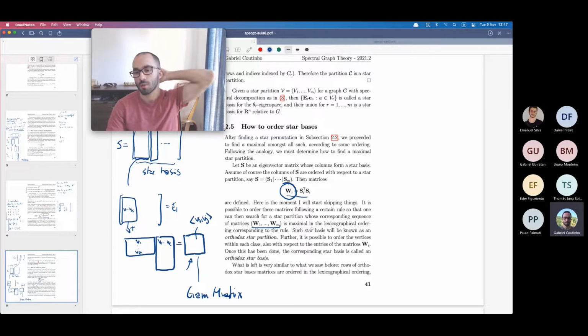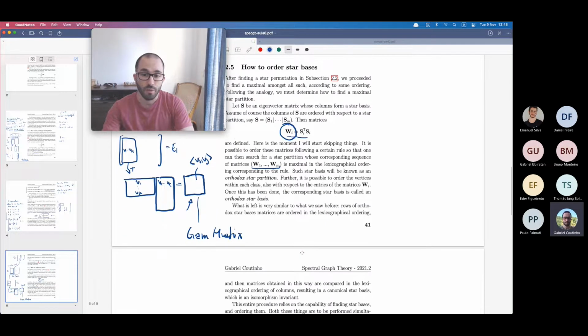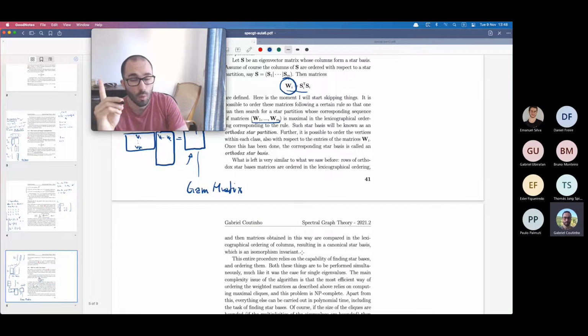Such a star partition will be known as an orthodox star partition. Further, it is possible to reorder the vectors within each class, also with respect to the entries of these matrices. Once this is done, the corresponding star basis is called an orthodox star basis. What is left from here on is very similar to what we did last class.